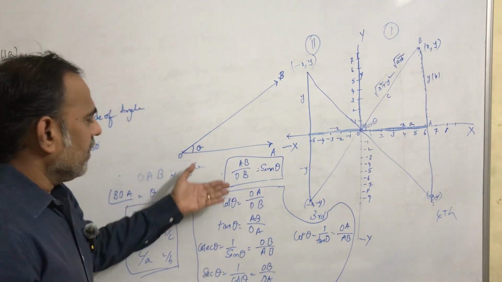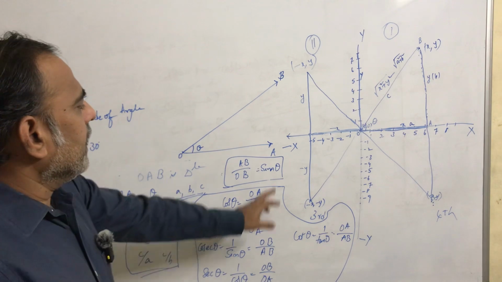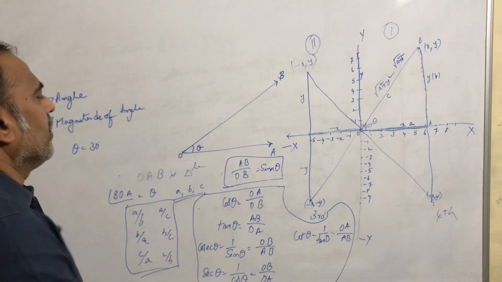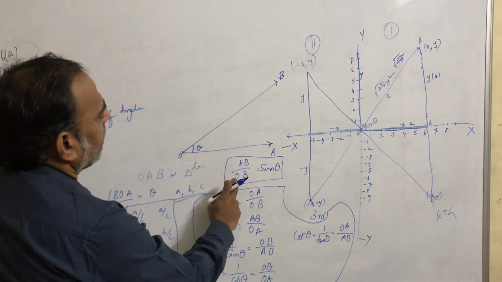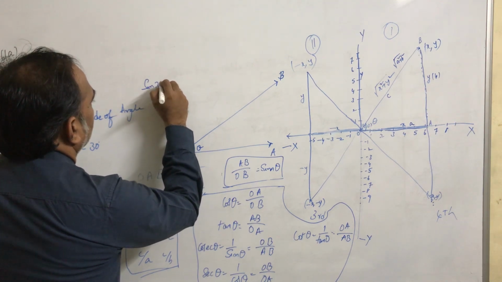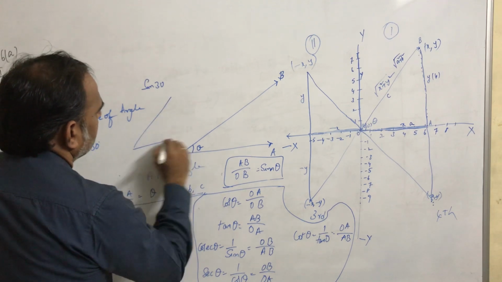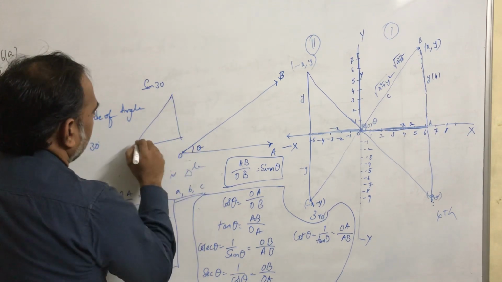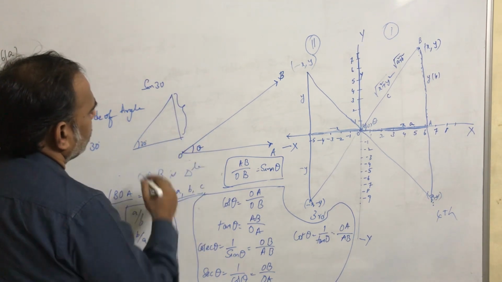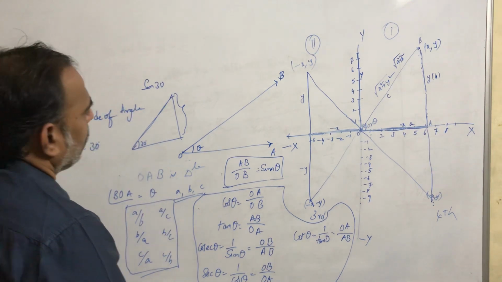All the six ratios are represented like this. So sin theta means what we can say? It is the ratio of opposite side divided by hypotenuse. Let us say sin 30. What is the meaning of sin 30? Sin 30 means at an angle of 30 degrees, what is the ratio of opposite side by hypotenuse? That is the meaning.